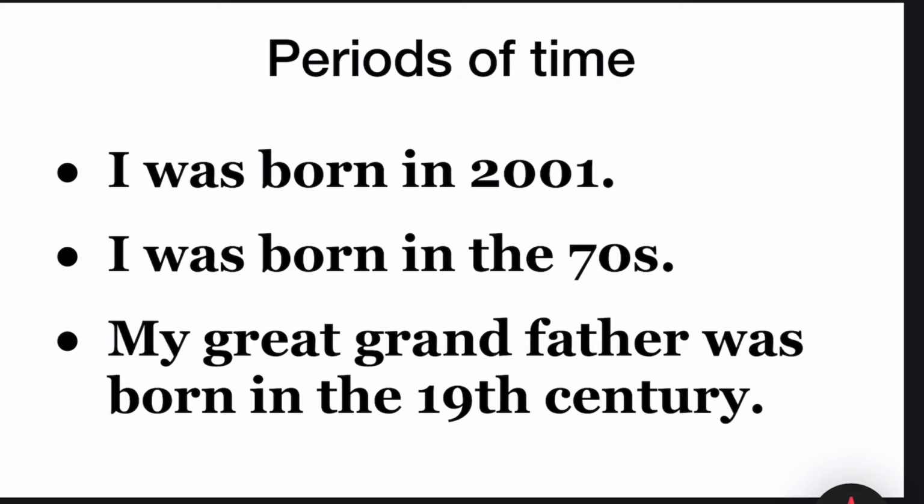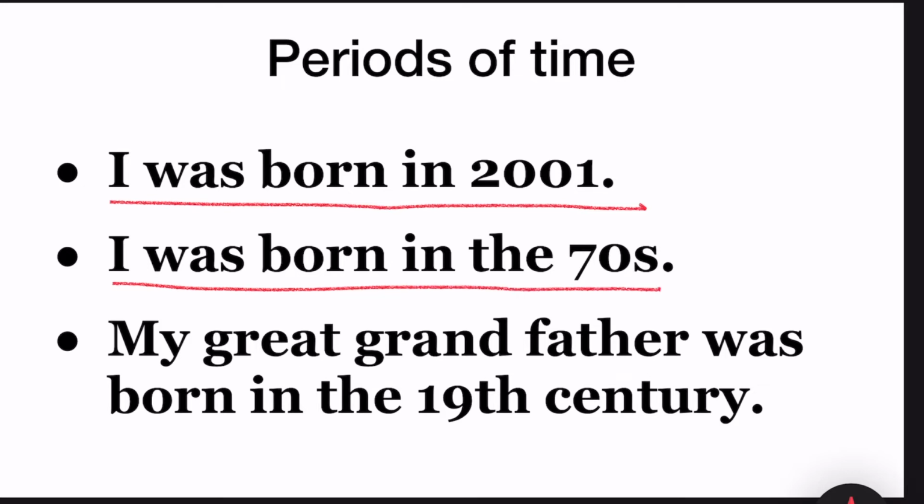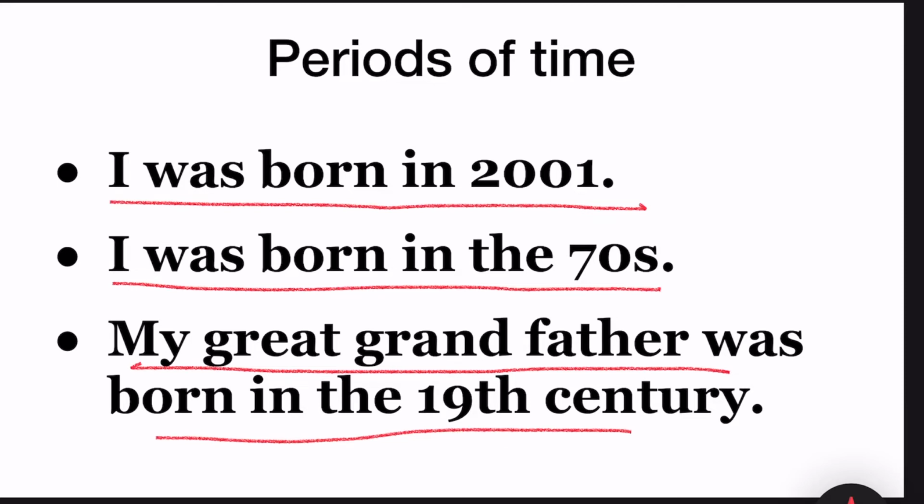I was born in 2001. I was born in the 70s. My great-grandfather was born in the 19th century. For years, groups of years, and centuries, we have to use the preposition in.